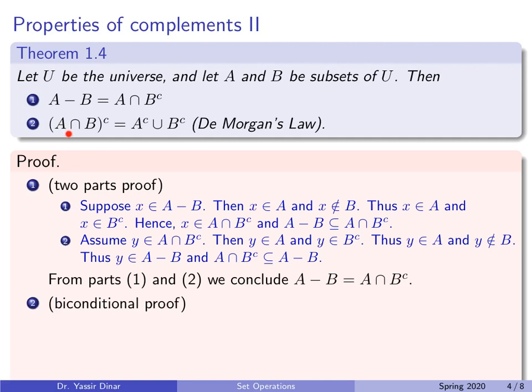For the second statement, we want to prove that the complement of A intersection B is equal to A complement union B complement. I will use biconditional proof.